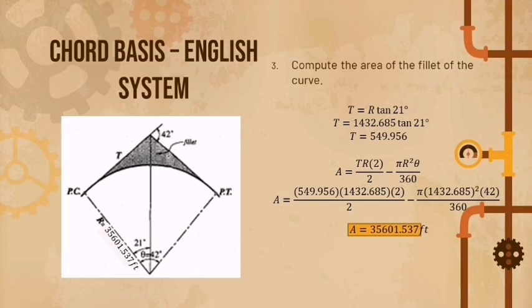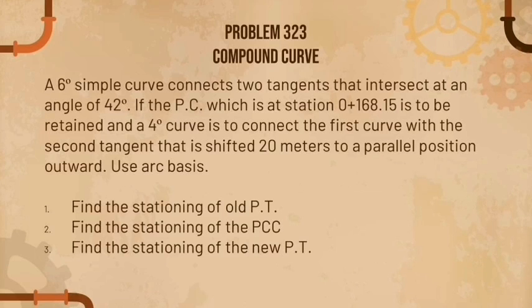To get the area, we have the formula A equals T R over 2 minus pi R squared theta over 360. Again, after substituting all the needed values, we will get the answer of 35,601.537 feet.